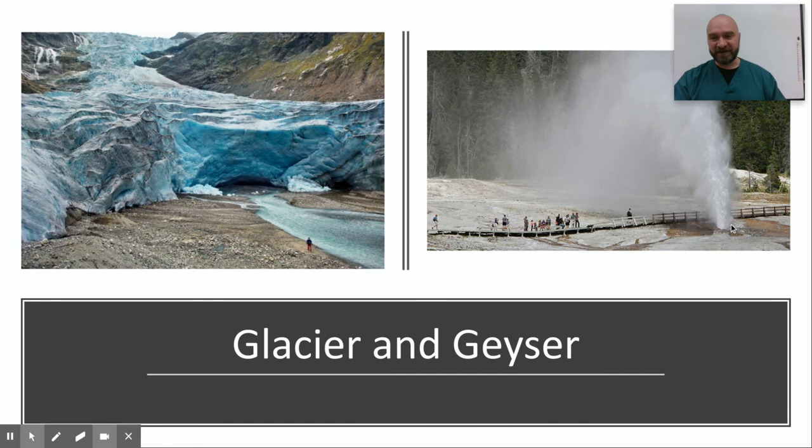A geyser is when water underground becomes so hot that it kind of turns into steam and very hot liquid, and it comes shooting out of the ground. And so if you look at these people, they are looking at this geyser right here. Now, they're both made out of water, but that's about where the similarities end. They have measurable properties that are different from each other.